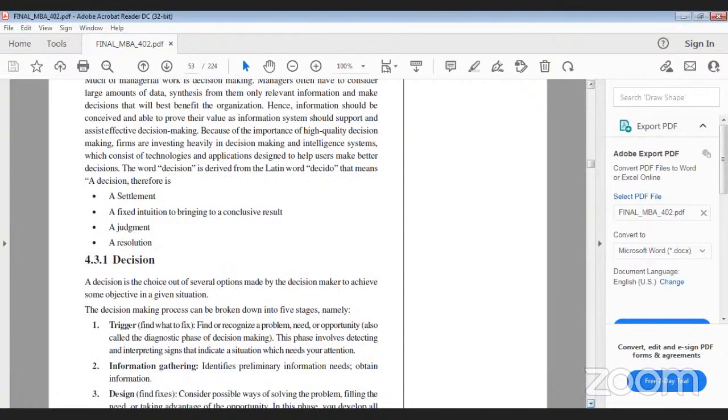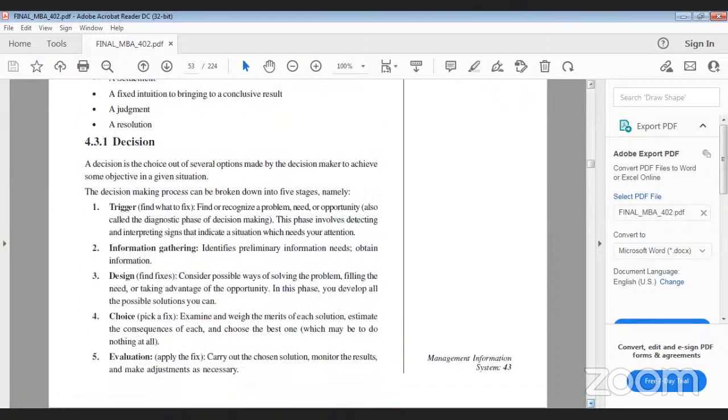The first phase is intelligence: find or recognize a problem, need, or opportunity, called the diagnostic phase of decision making. This phase involves being alert and interpreting signs that indicate a situation which needs your attention. Next, information gathering: identify the information needs and obtain information.